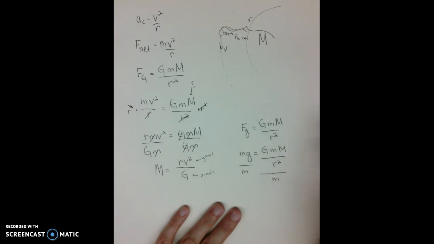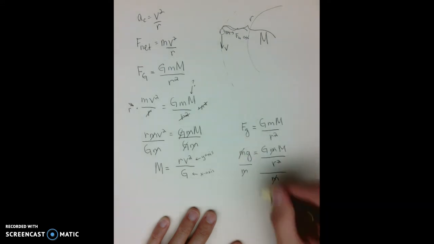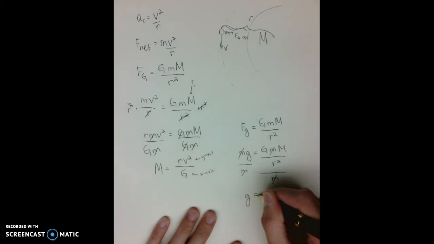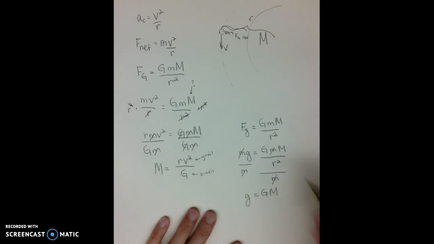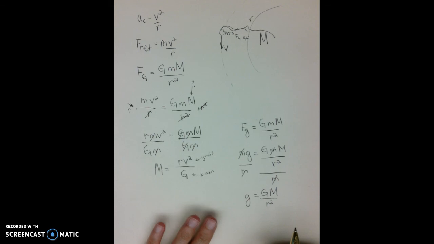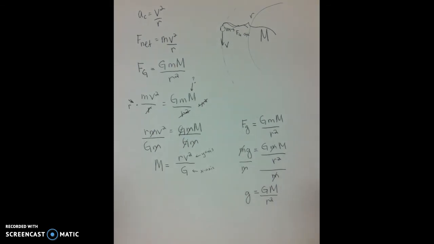And I end up with my mass dropping out. And so the acceleration due to gravity on this particular planet would be equal to the gravitational constant times the mass of the planet, which I got from this graph, divided by the radius of the planet squared.